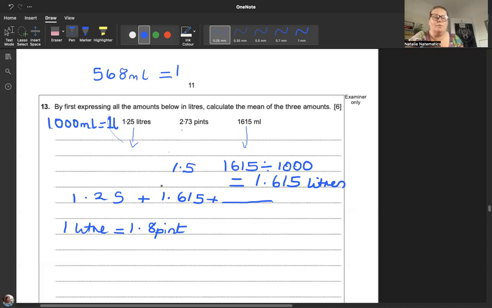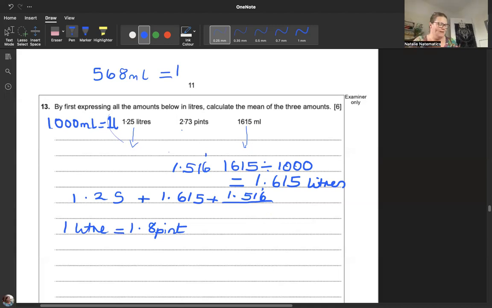So 1 litre is 1.8 pints. So I'm just going to put that number in here, 1.516. I wouldn't normally do that; if I couldn't remember something, I'd look it up. So I've got to remember that conversion.